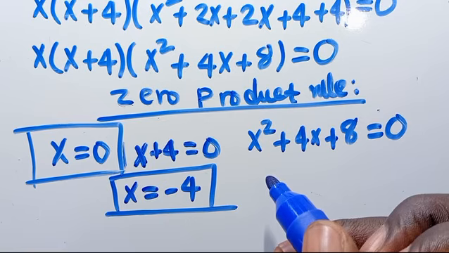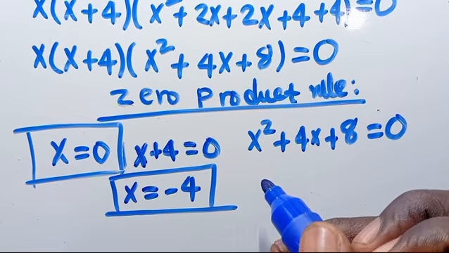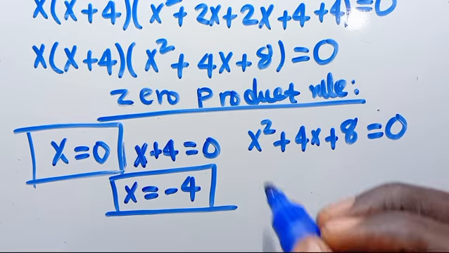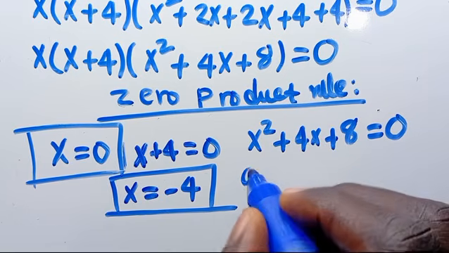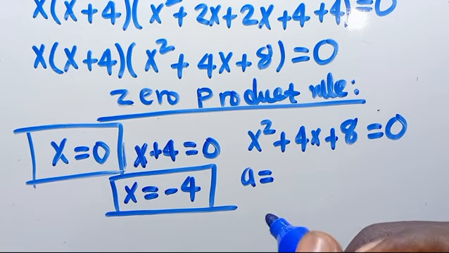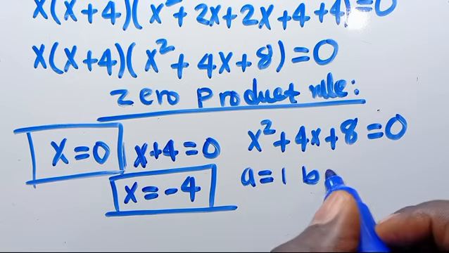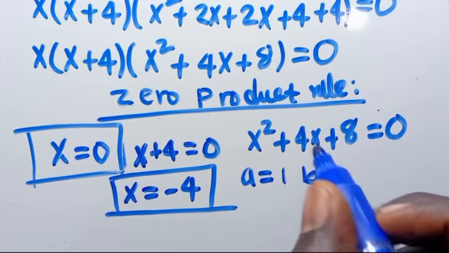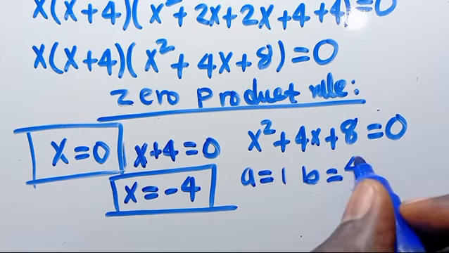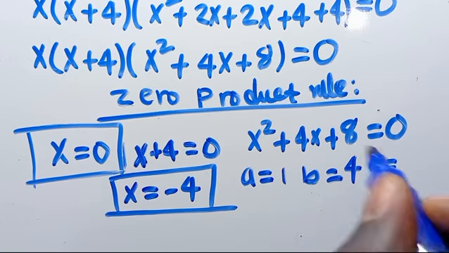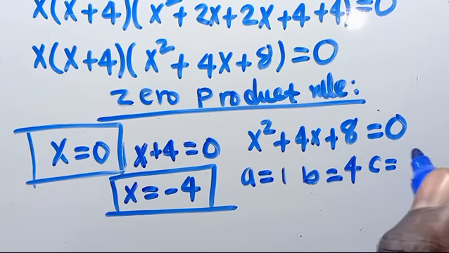To apply the quadratic formula, let us define the following parameters: a equals the coefficient of x squared, which is 1, b the coefficient of x, which is 4, c the constant of the quadratic, which is 8.